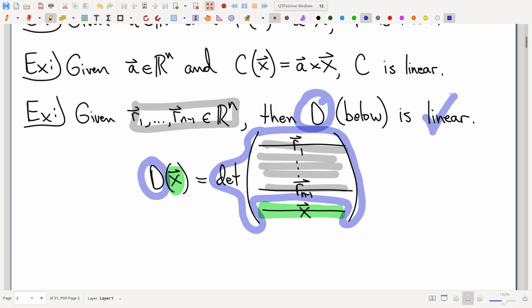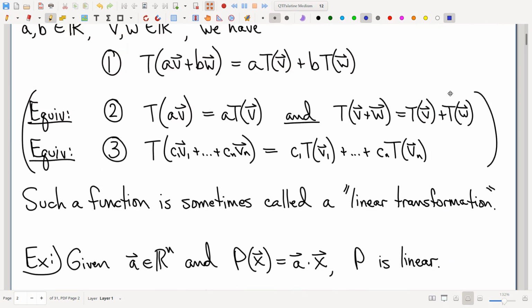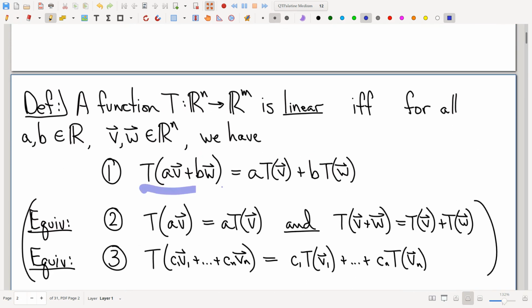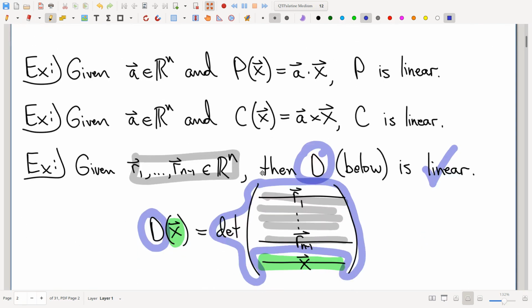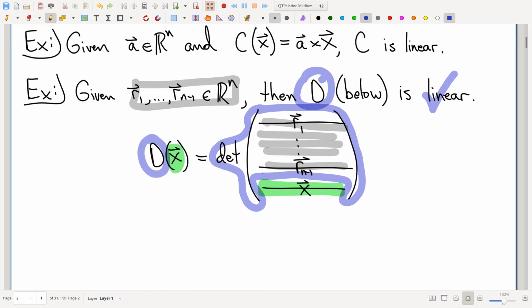If you take those statements about determinant and row operations and write them down, being careful with your notation, what you'll find is that those statements are actually a lot like this right here. In fact, those statements all follow from the fact that functions like this are linear.